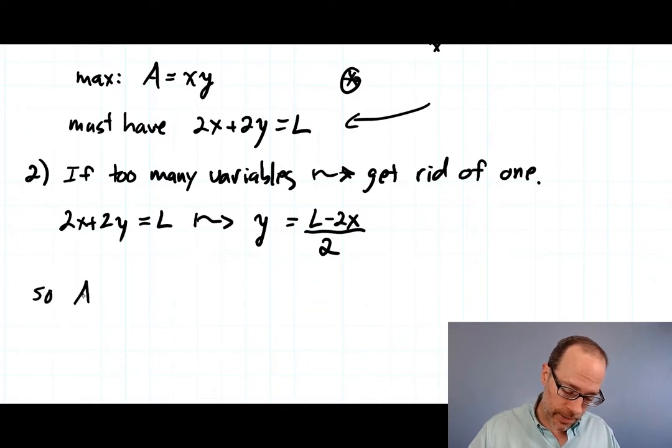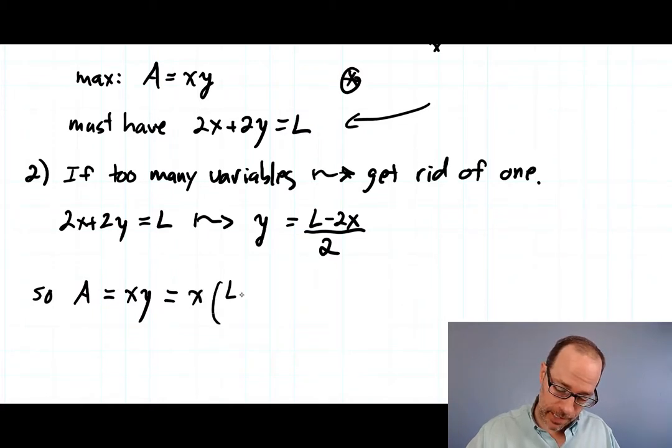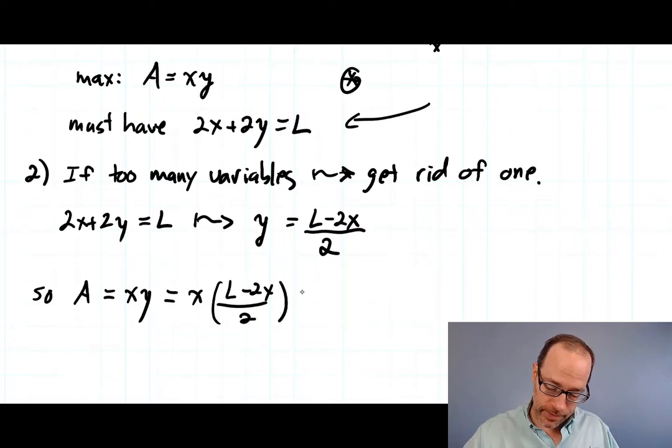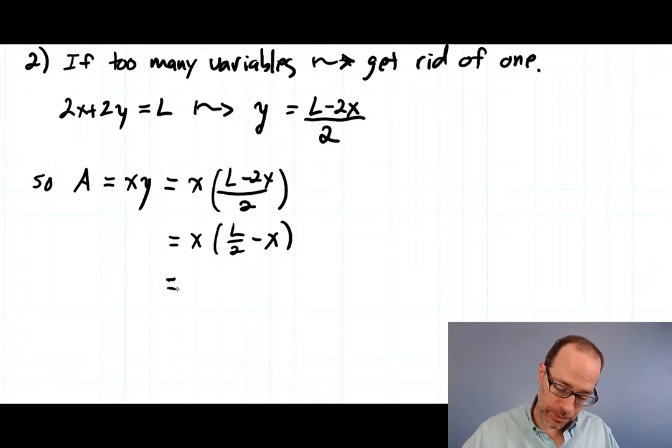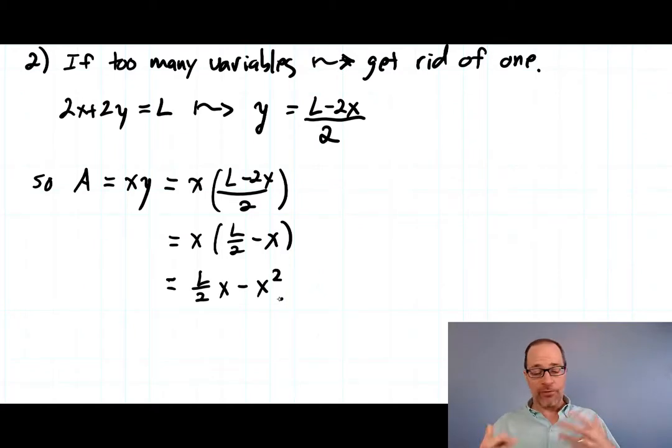So we get area, which was initially xy, now will be x times this mess. L minus 2x all over 2. So I'm going to write that as x times L over 2 minus x, and I'll multiply it out further, L over 2 times x minus x squared. So now we have a formula for area, and we're down to a single variable.